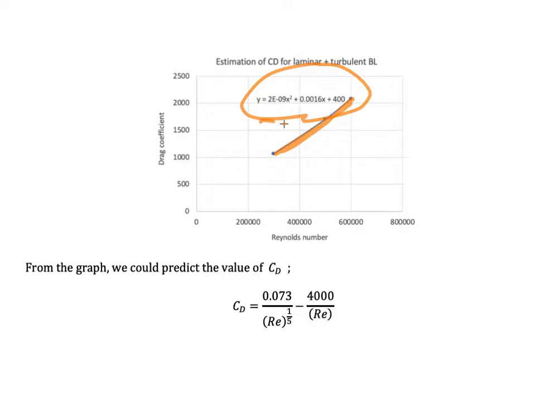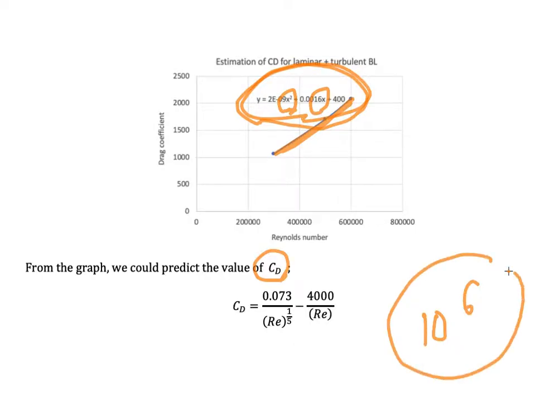So we could have this equation, and then we could predict the value of CD if the critical Reynolds number is 10 to the power of 6. We just substitute the value of X here with 10 to the power of 6, and then we get the value of Y, which is almost equal to 4,000.